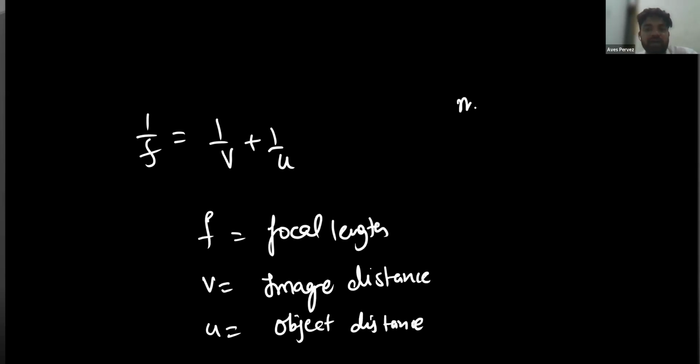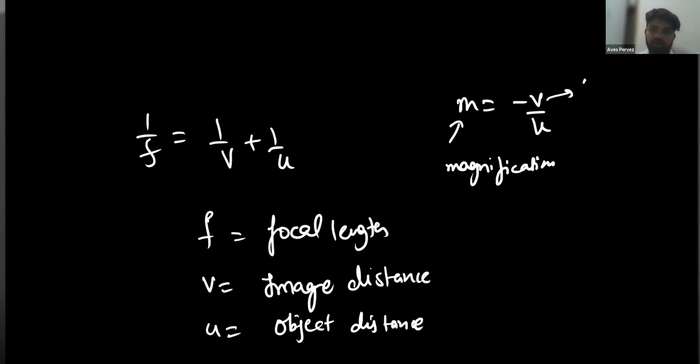Moreover, we have another formula: m is equal to minus v by u, where m is the magnification, v is the image distance, and u is the object distance.